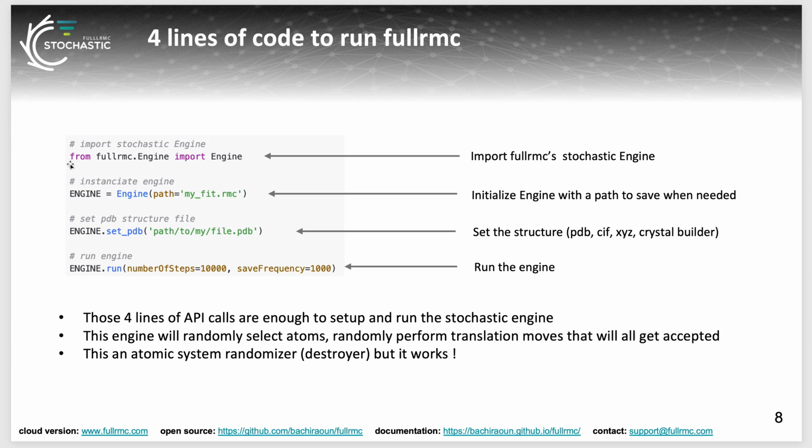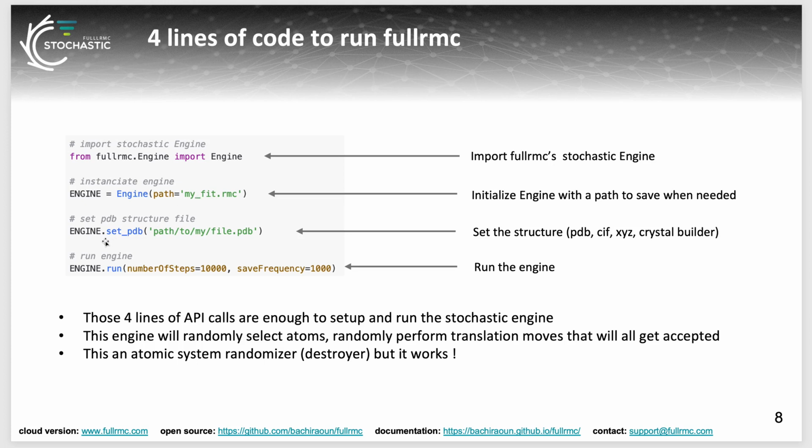Using the terminal, you can import the needed modules. For example, here from fullrmc.engine import engine. So currently I have the engine implementation ready. I can instantiate the engine. So engine equal engine, and then I give it a path, which is where I want to save this engine on the disk.